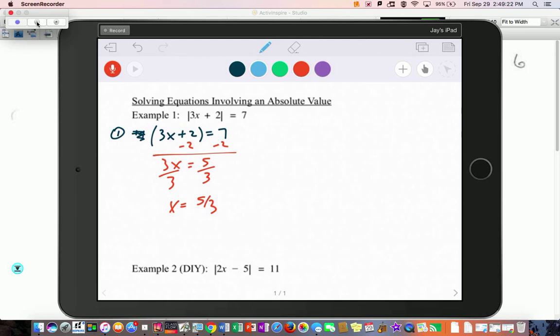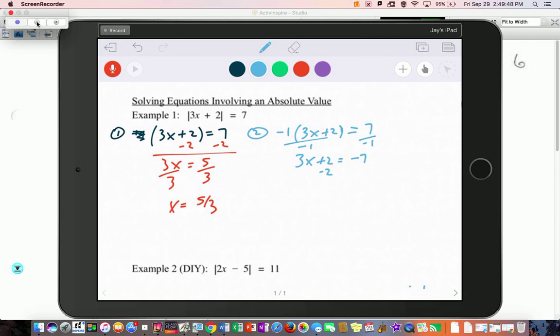And the second step is to do the negative, and I start with -1 in front. Other people shortcut it. Sometimes a little different, but I like to put the -1 in front because when we get into inequalities, it helps us with the symbol. So when I divide by -1, I have 3x plus 2 is equal to -7.